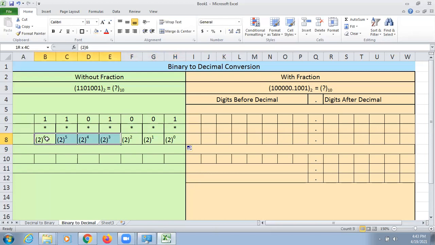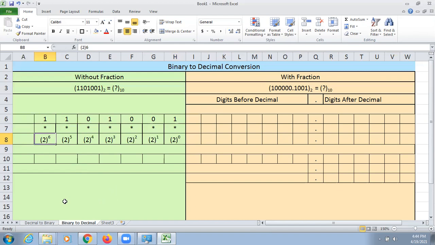The digit before it will be multiplied with 2 raised to power 1, then 2 raised to power 2, then 2 raised to power 3, 2 raised to power 4, 2 raised to power 5, and 2 raised to power 6. Let us find out the answers of 2 raised to power 1, 2, 3, 4, 5, 6 and all.